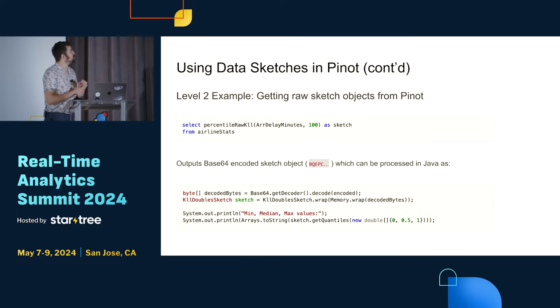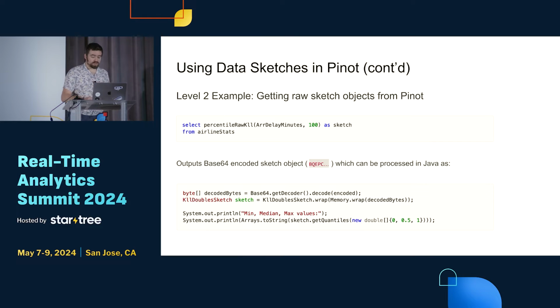So in this case, you see percentile row KLL, and then we are passing the delay minutes column. It returns a sketch in a base 64 encoded form. So in the bottom, you see how we can use this binary object to recreate the sketch.